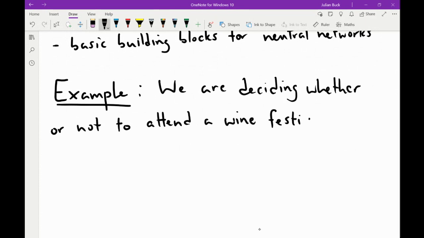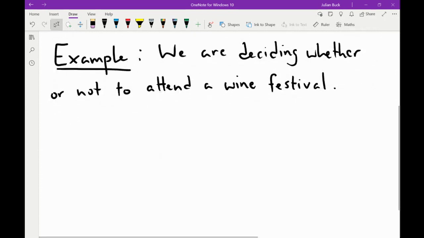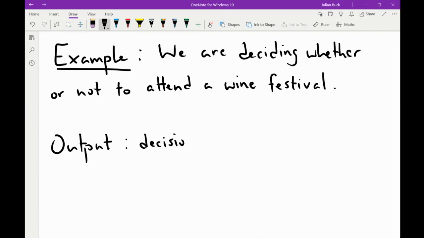And the way we've set this up is we've used a fairly simple setup where we have a binary output. So let's start with the output. The output is our decision, and there's only two options. That's what I meant by binary. It's a binary decision. We go, and we'll indicate that with a 1. We'll encode it numerically. Or we don't go, and we'll encode that with a 0.